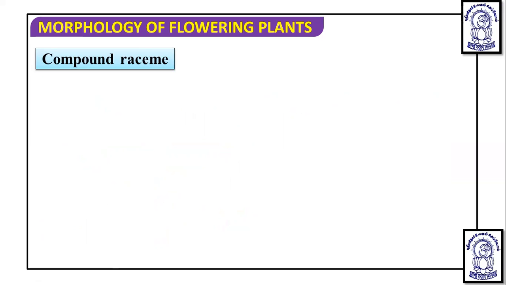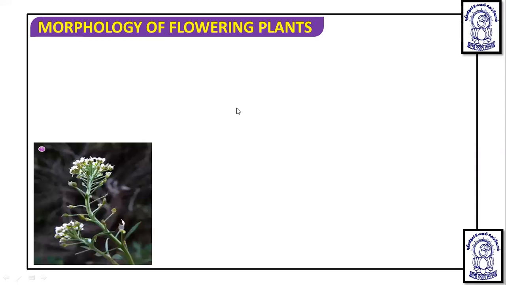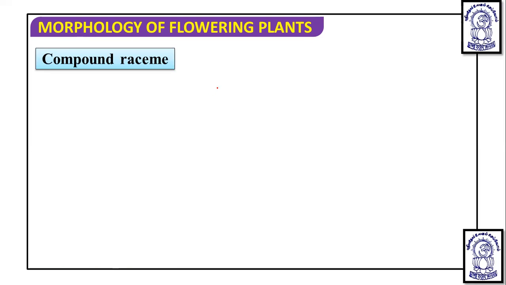Now, another type of raceme, that is a compound raceme, is found. If we use the term compound, then branching should be there, and on the branches the flowers are raised. This compound raceme is also known as raceme of raceme. Here, suppose this is the stem.